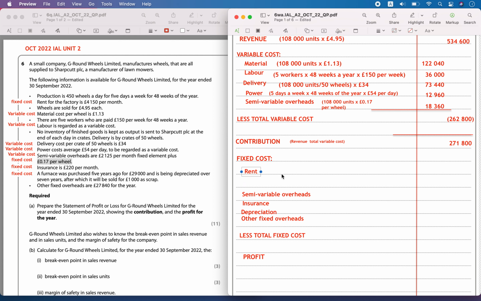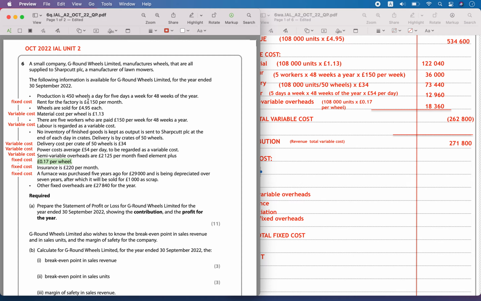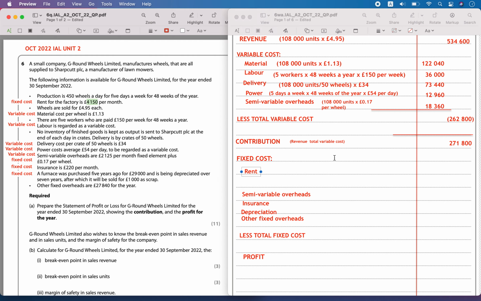Now we have to calculate what is the fixed cost. The first fixed cost is the rent. It is 4150 pounds per month. Let's first write all the fixed costs and then add up.